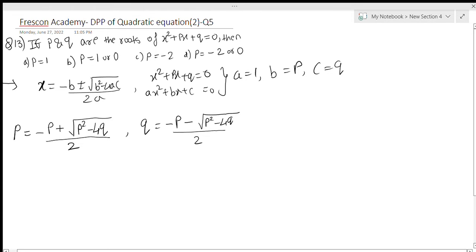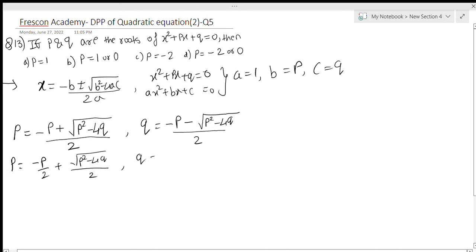Students, if you clearly look at the options, all the options include p. It indirectly says that you have to find the value of p. So here p and q are very much similar, but with opposite signs. So we can arrange this complicated equation in terms of p and q. We can write p as minus p by 2 plus under root p square minus 4q whole upon 2.